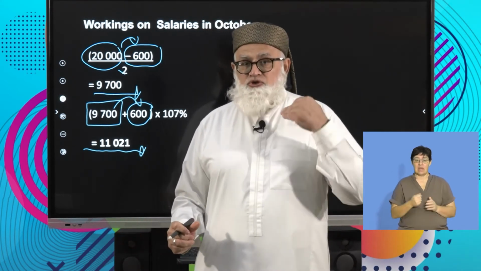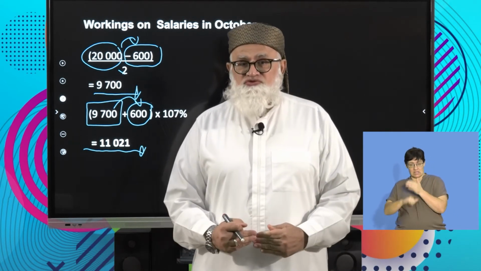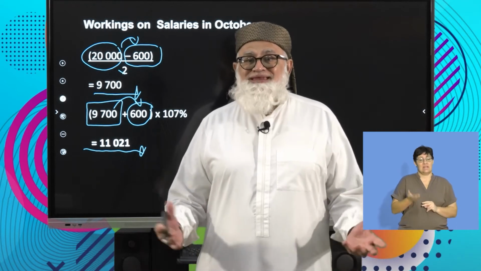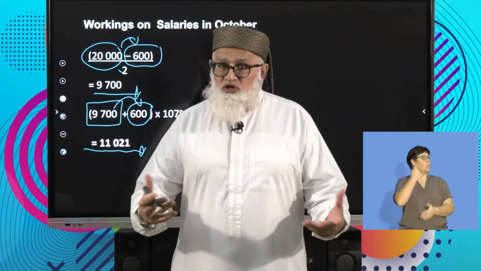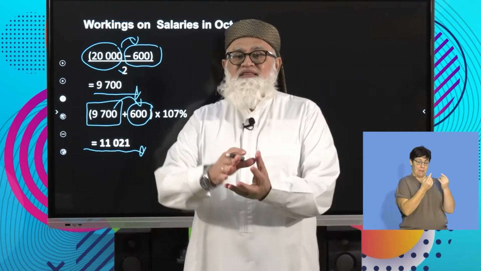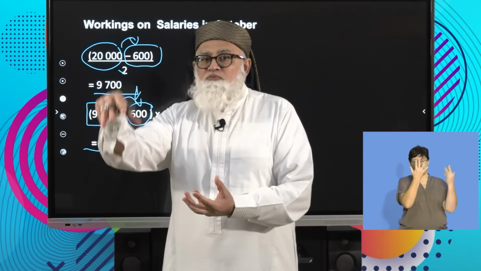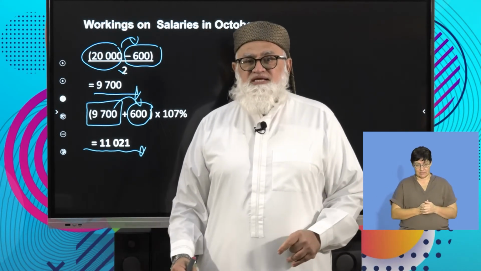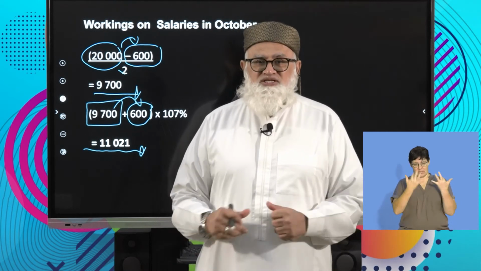And then you take your sales minus your cost of sales to give you your gross profit. And then when it comes to increases or decreases in your budget, don't always assume it will be increases. Take the original figure, and from your original figure you work out the increase or the decrease in the budgeted period.